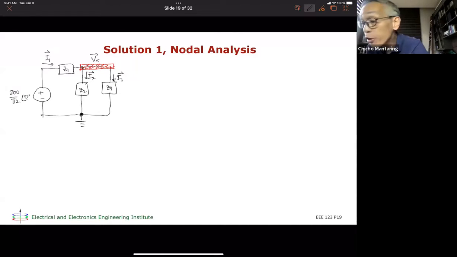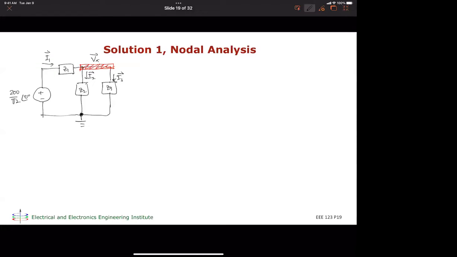Okay, Albert, can you tell me what the nodal equation is going to be? To practice. What would be the nodal equation if I apply KCL here? I2 plus I3 minus I1 equals 0. Yes, that's right.